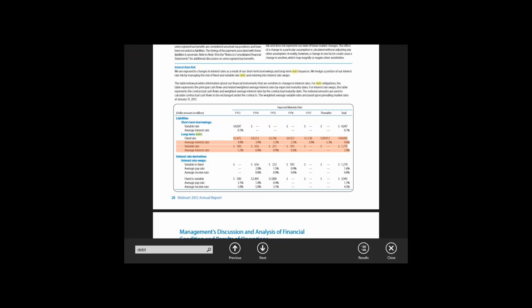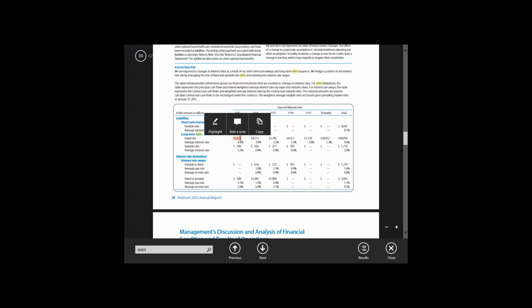I don't know why. You might try looking at it different ways, pulling out the short-term portions. So, right, if you look at this, this is the amount that comes due in 2013. That's the 1975. That matches what we have. Here's a short-term 4047. That matches what we have.